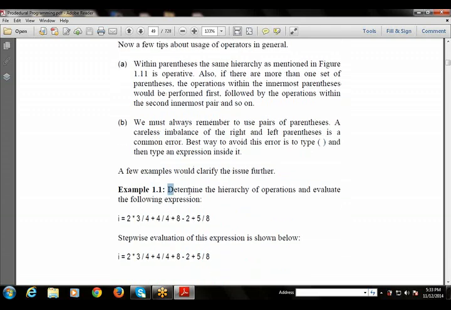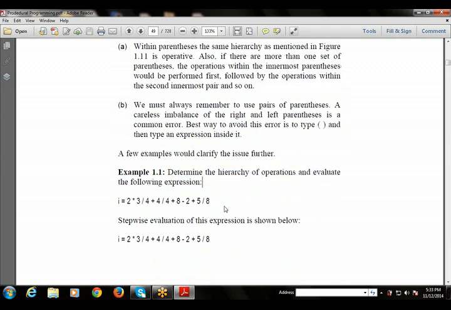A few examples. Determine the hierarchy of operations and evaluate the following expression. Now, this is the most important part, that is how to organize the different operators into different hierarchy and how to solve them.